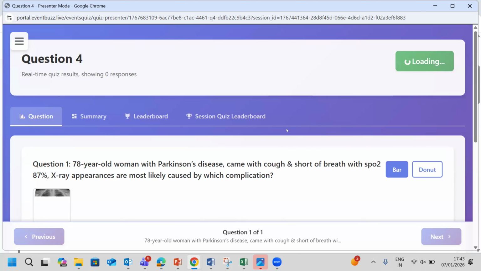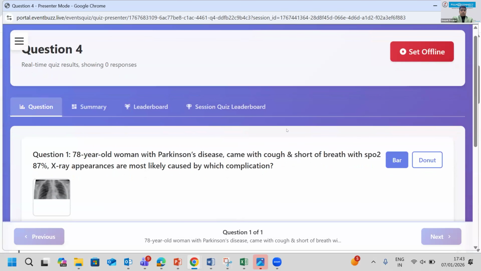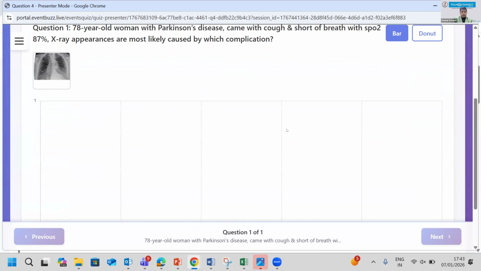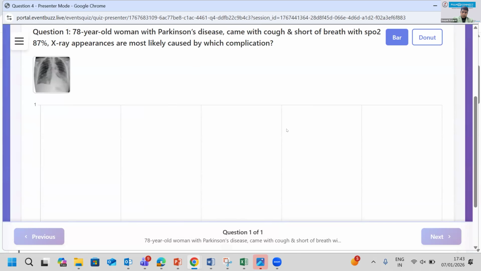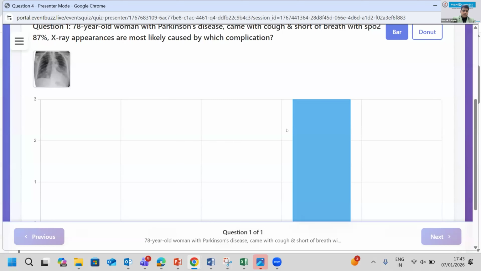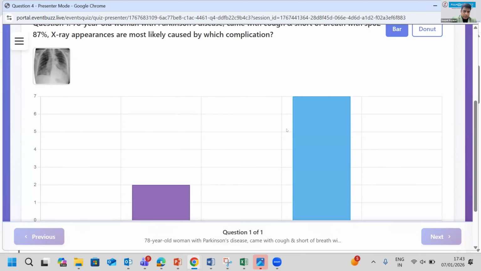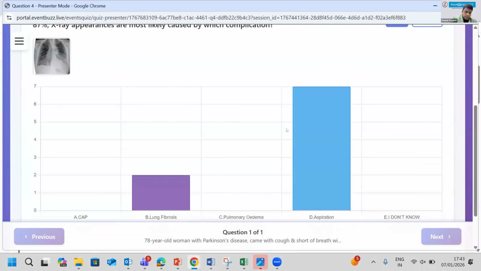So now the next question is live. This is a little tricky one, so please read the question. A 78-year-old woman who has Parkinson's disease came with cough and breathlessness with a room air saturation of 87% in the emergency, and the X-ray showed these changes.